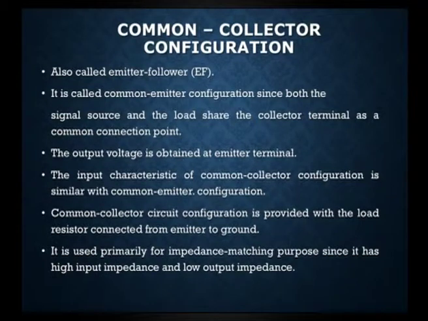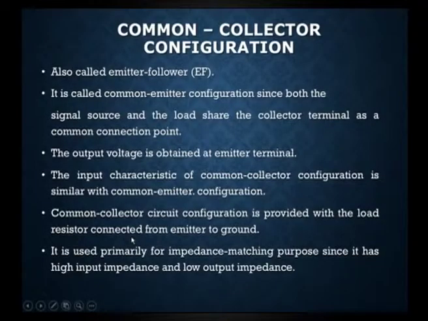The input characteristics of the common collector configuration are similar to those of the common emitter configuration. The common collector circuit is provided with a load resistor connected from emitter to ground.